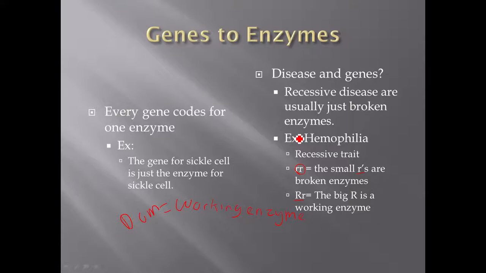That's how this stuff works. Now, it's not always that simple. There's more to it, and we'll go into that later on. But for now, guys, it's good to understand that a dominant trait, the dominant allele, usually is just the working allele. It's the one that actually works. Whereas the small letter, the recessive trait, is usually an enzyme that's broken.